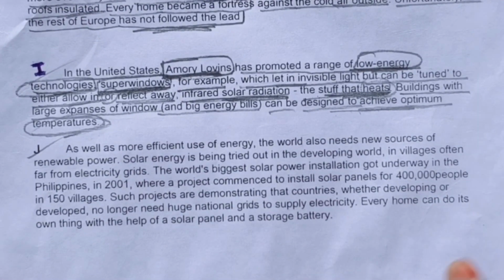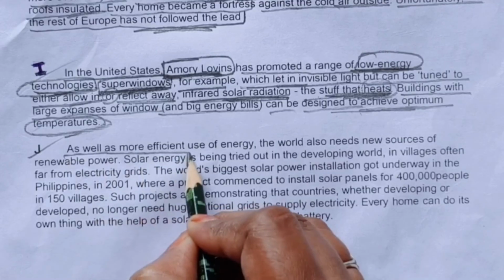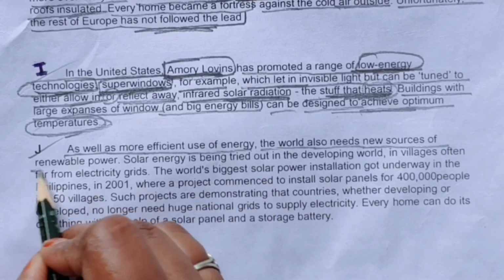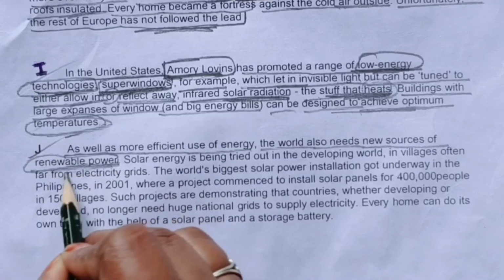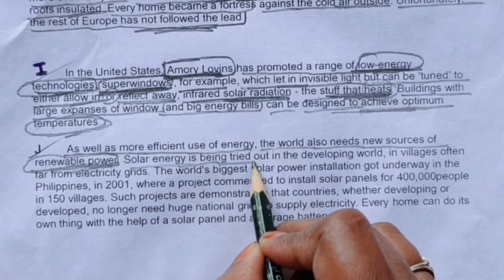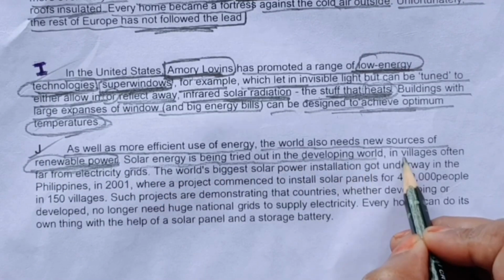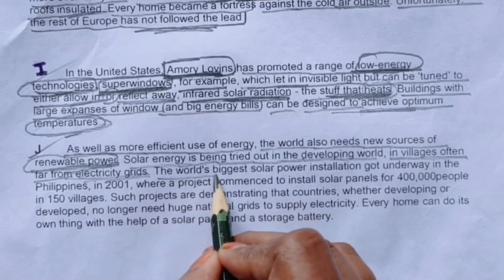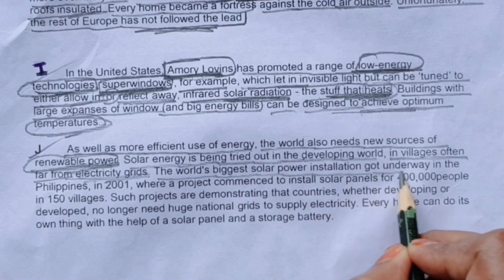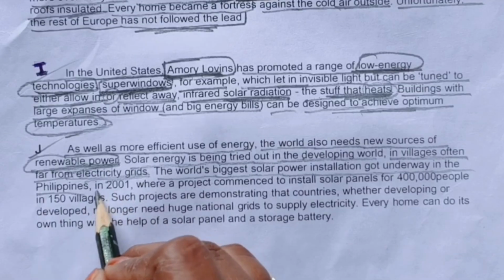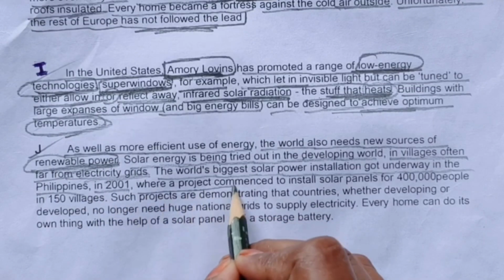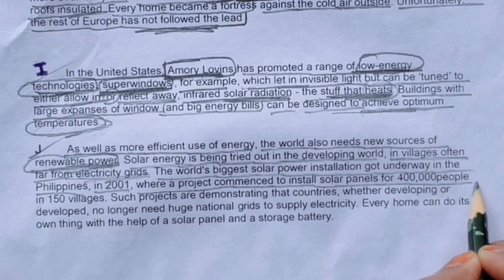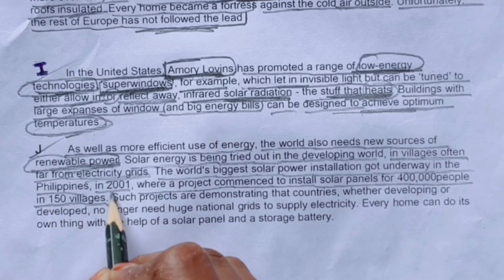So J paragraph. As well as more efficient use of energy, the world also needs new resources of renewable power. Solar energy is being tried out in the developing world, in villages often far from electricity grids. The world's biggest solar power installation got underway in the Philippines in 2001, where a project commenced to install solar panel for 400,000 people in 150 villages.